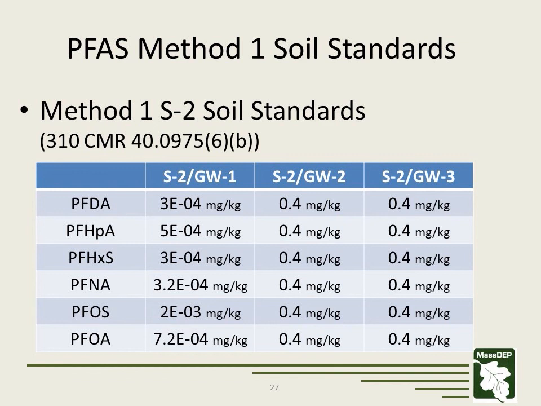Will the same pattern hold for the S3 Method 1 soil standards? Yes, the pattern holds true. The standards for soil above groundwater protected for its current or future use as drinking water are consistently more stringent because of our concern for leaching to groundwater than the soil standards above GW2 and GW3 groundwater.